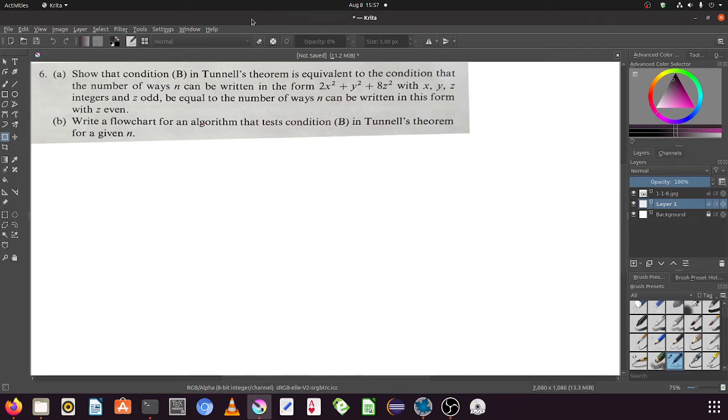So we have to show that the number of solutions here, they may be odd or even. So one equation is n equals 2x squared plus y squared plus 8z squared.